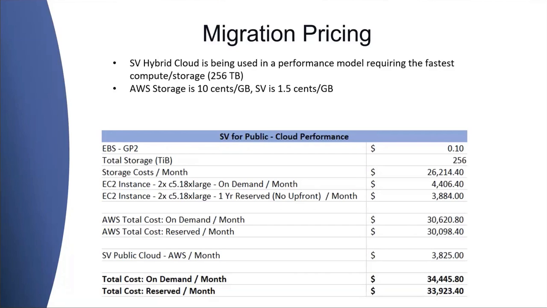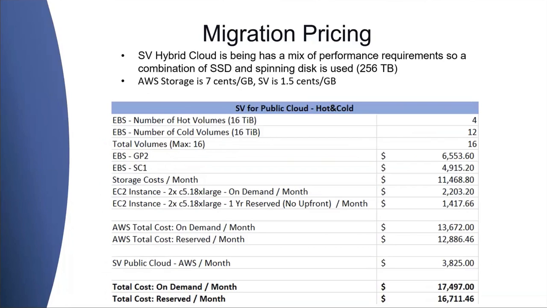If you want to move your entire 256 terabytes of capacity for high performance to AWS, on-demand would be roughly 34.4, and with reserved instances for your compute, you can save slightly, down to slightly below 34 grand. So about 34 grand a month to move 256 terabytes of high performance workload to AWS.